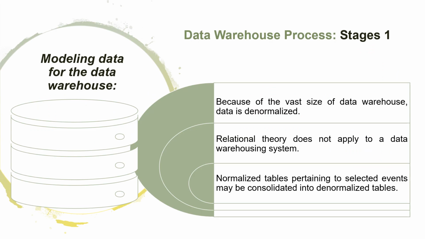So, explaining stage one, modeling data for the data warehouse: why do we need to do that? Because of the vast size of the data warehouse, the data is denormalized, and relational theory about relational databases does not apply to the data warehouse system.